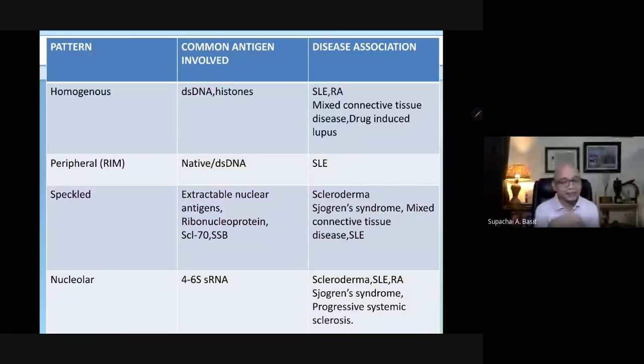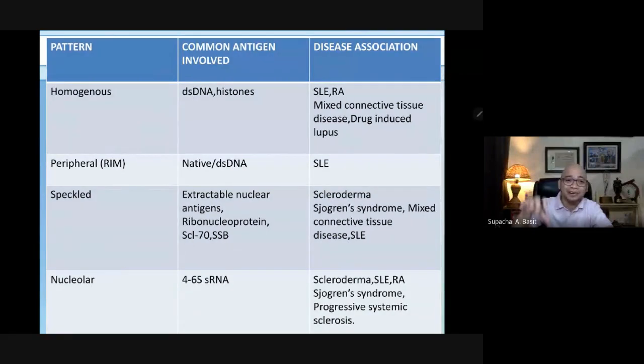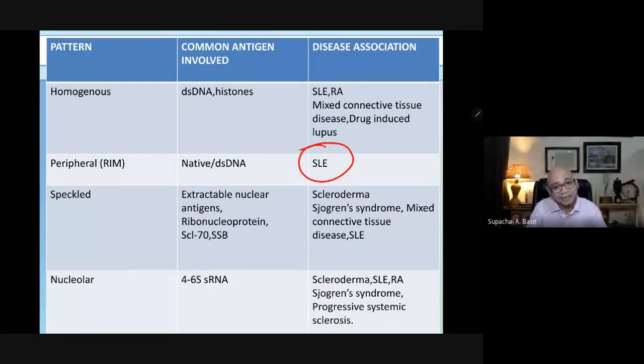Peripheral. You remember the peripheral? The fluorescence is actually more concentrated at the side, so that is also known as rim. Common antigen involved would be native double-stranded DNA. And having a rim or peripheral pattern is the most specific for SLE.